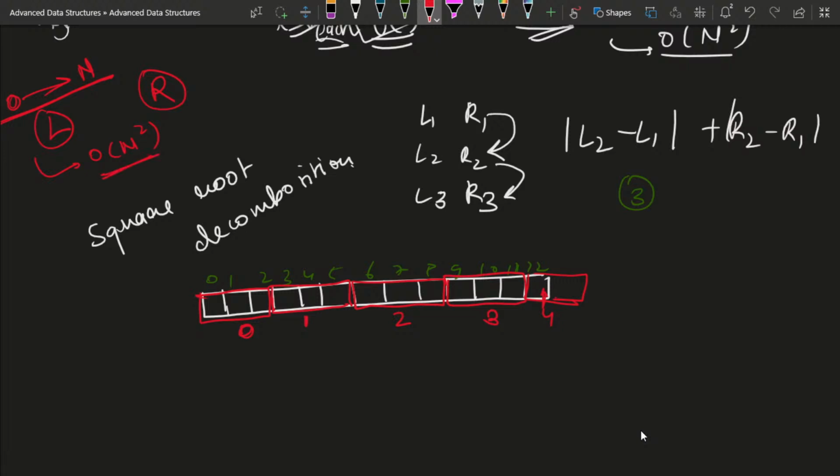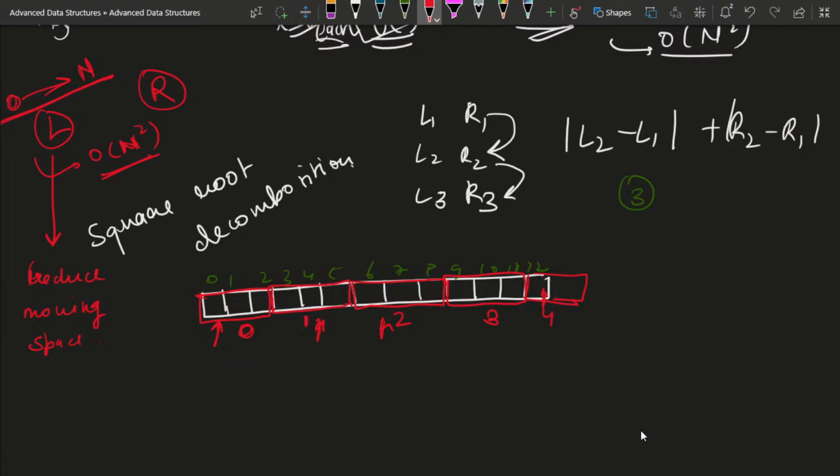But now suppose I somehow confine my space, if I reduce my moving space for L. Initially R was fixed and L was moving all the way from the 0th index to the nth index, and that's why it is costing me order of n square time.